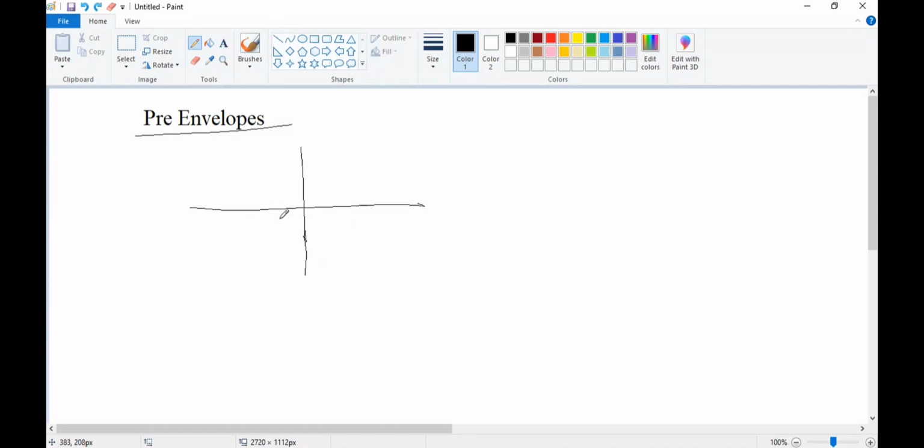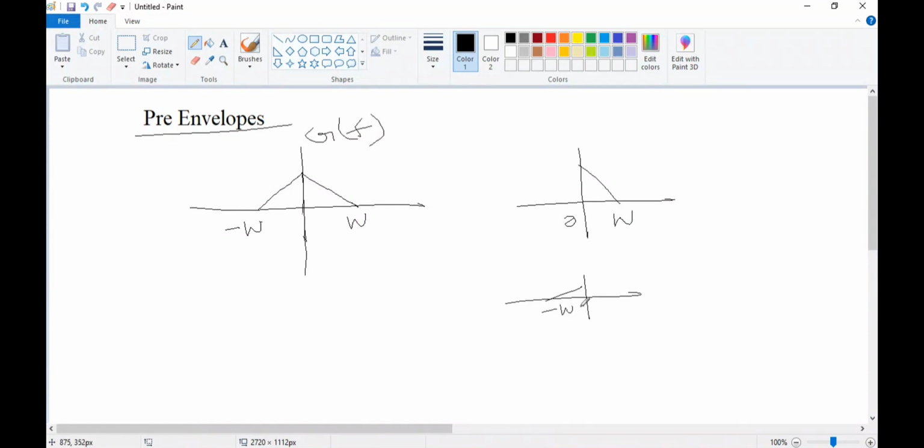Let me take the low pass signal only. The low pass signal G of f has its frequency spectrum from minus omega to plus omega. If I want the spectrum only with the positive frequencies, from 0 to omega, or only from minus omega to 0, then that kind of representation can be achieved by using the pre-envelopes. That is the main use of the pre-envelope.